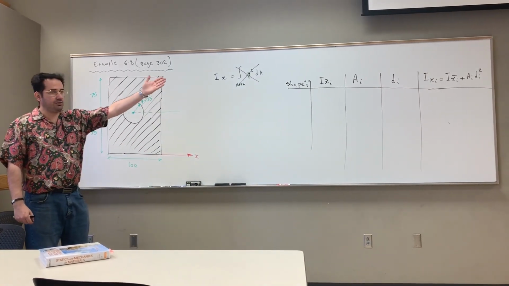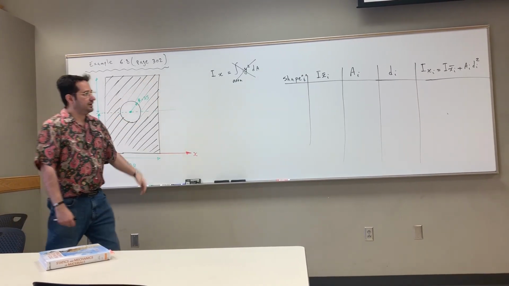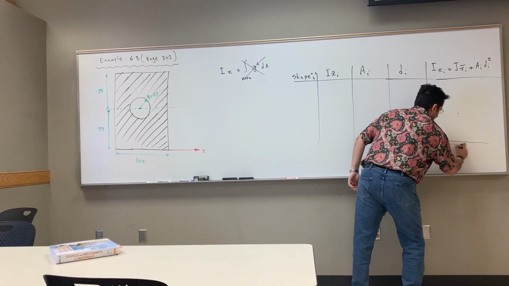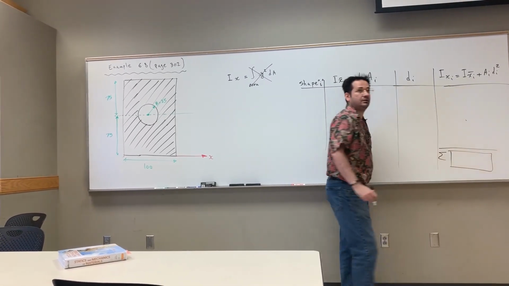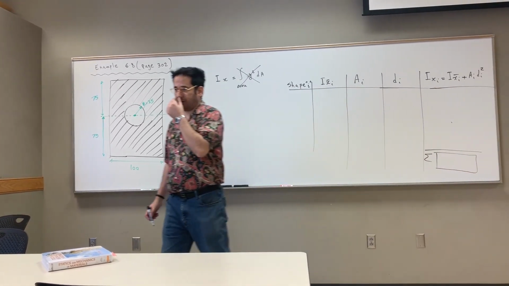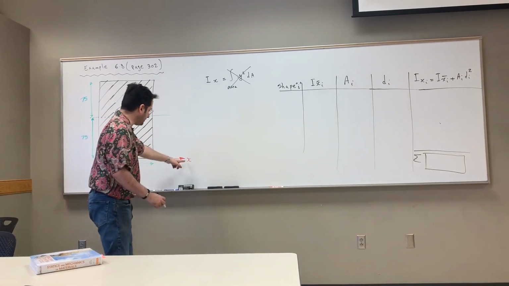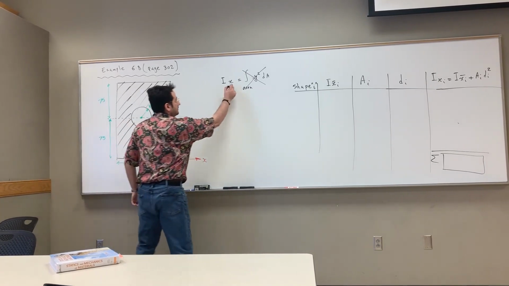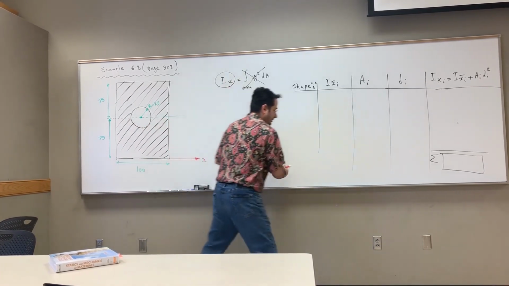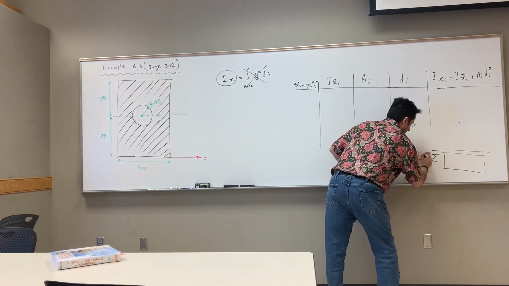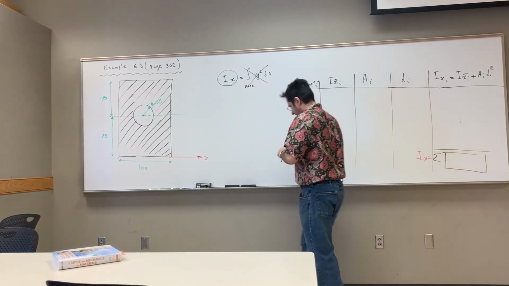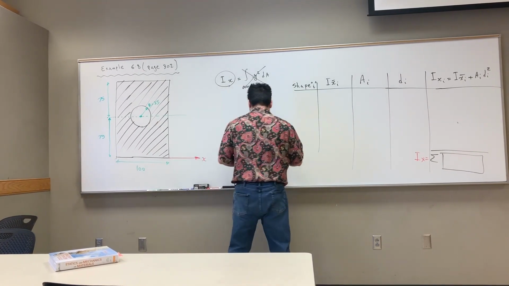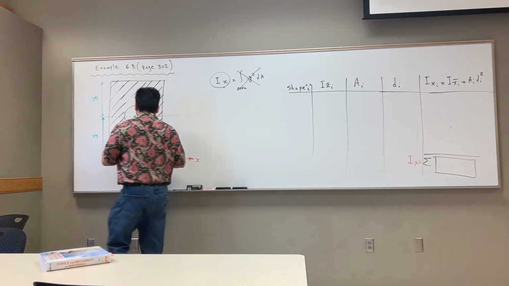All I need to do is fill up this table, and at the end the sum of this column is going to be my final result, the moment of inertia with respect to x, Ix.